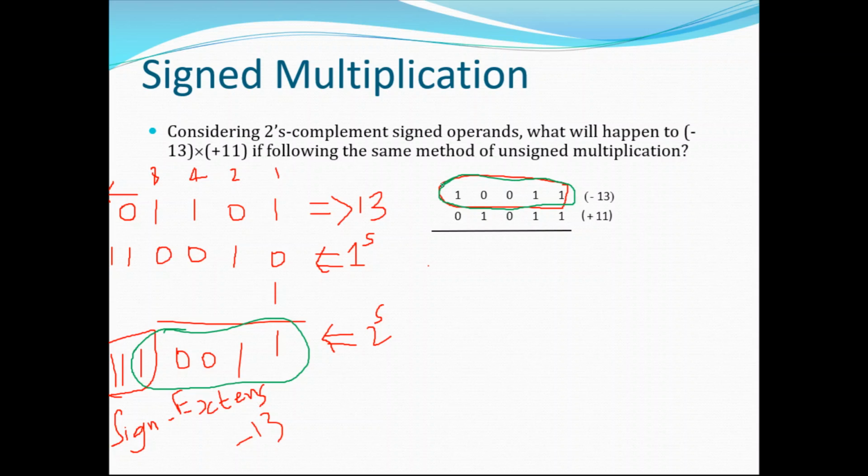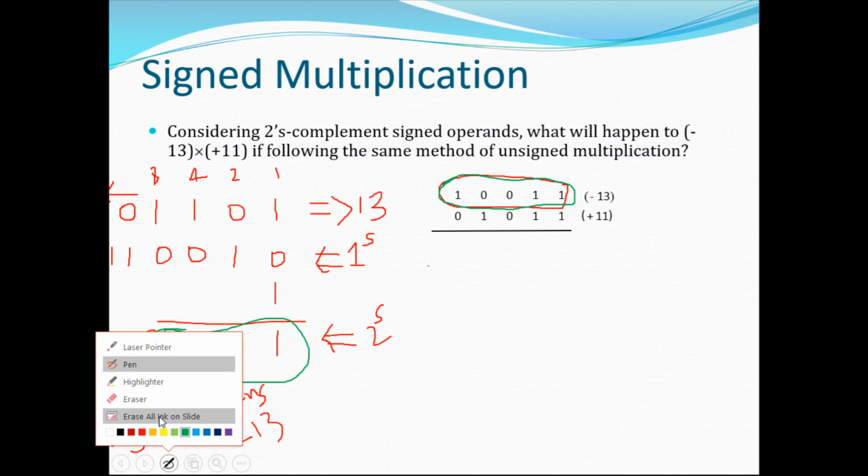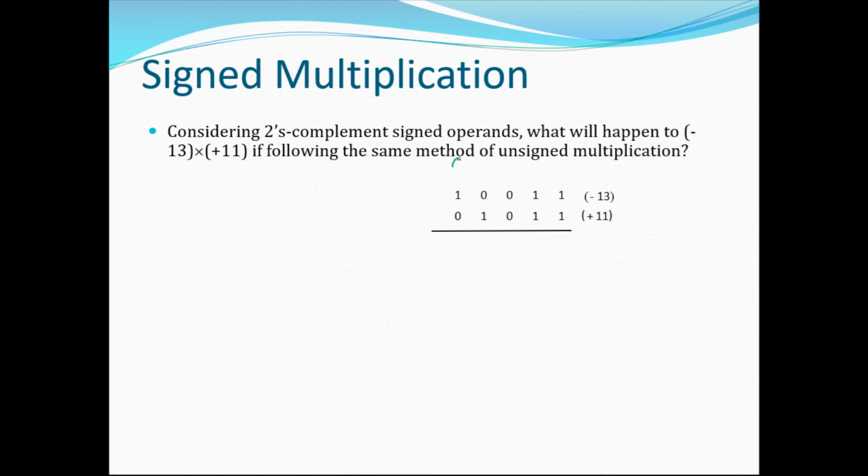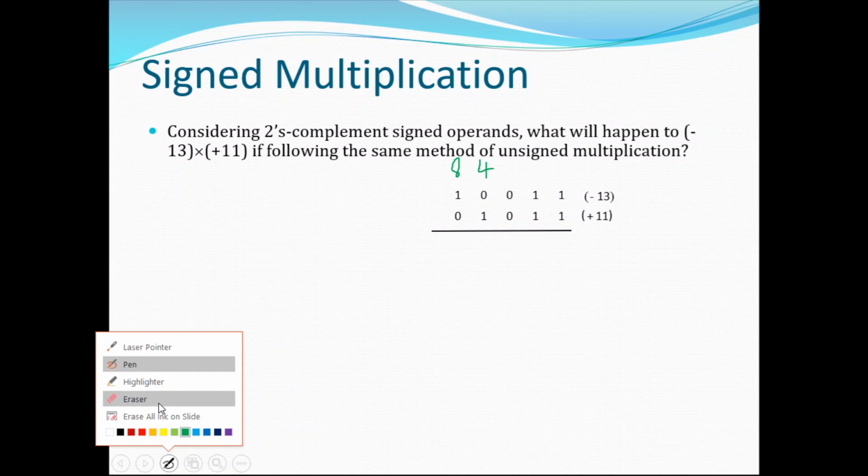Fine. Now this is the multiplicand. Now the multiplier is what? The multiplier is 11. For 11, we will not take any 2's complement, we will just represent 11 in binary. If you represent 11 in binary, this is what you get. This is the equivalent 8421 code.